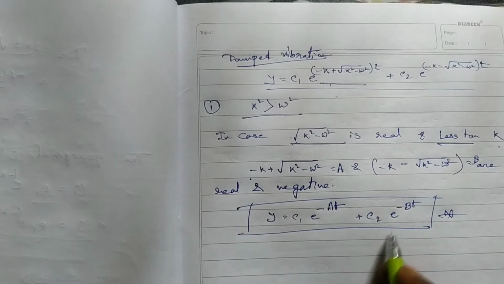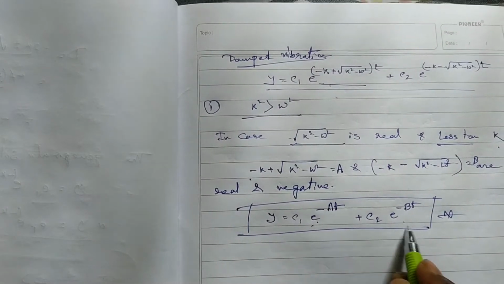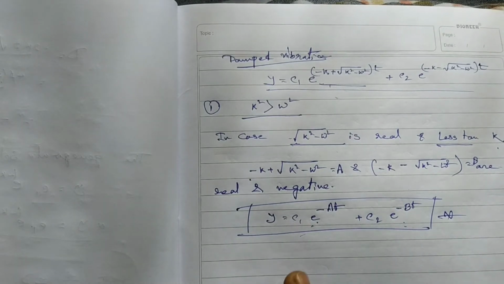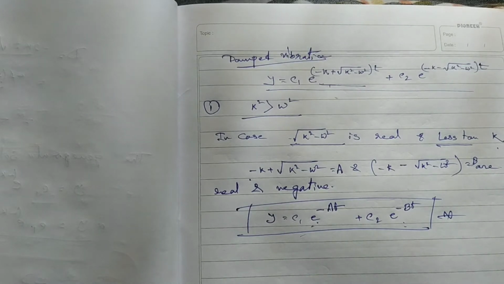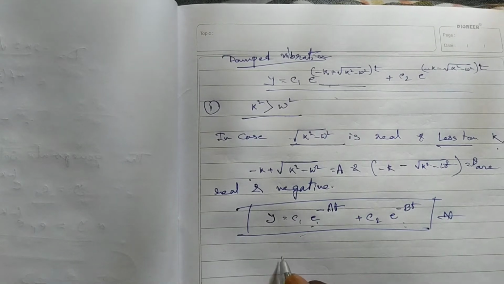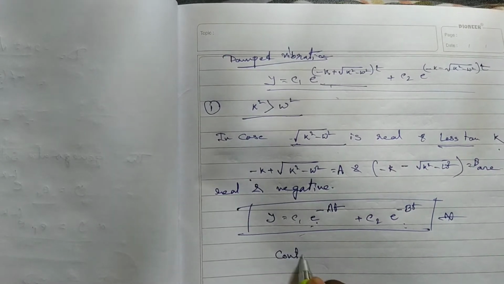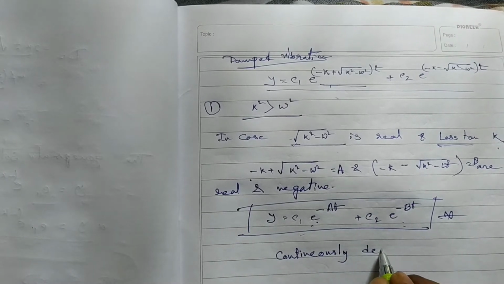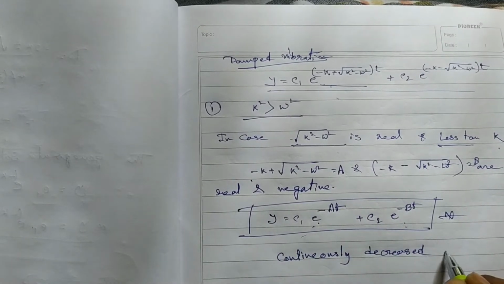This equation shows that both exponential terms are negative, so the displacement of the particle along the y axis, because we took the dimension for the travelling of the wave along the y axis, gradually and continuously decreases with time.